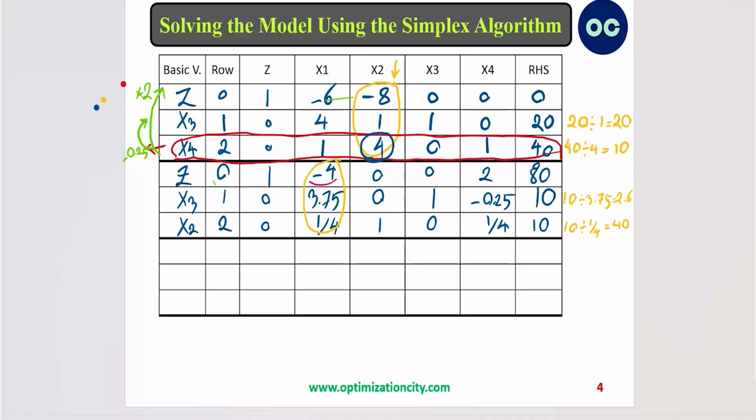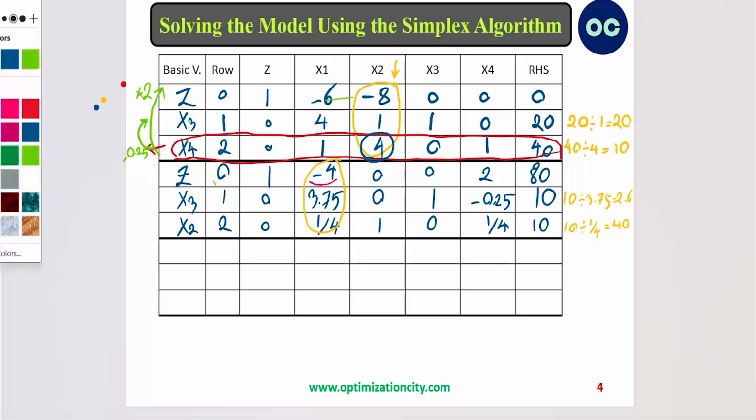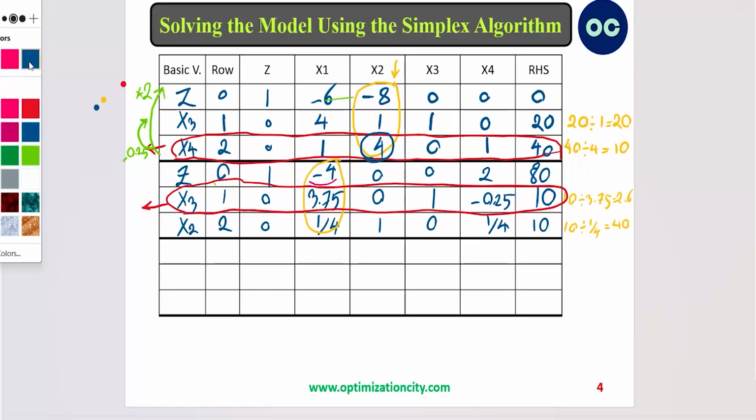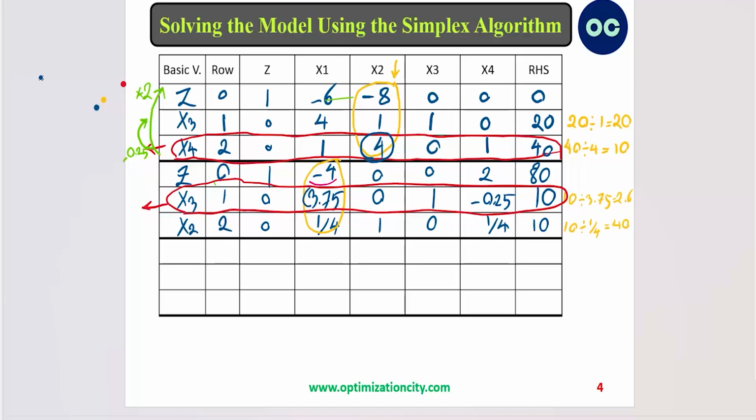As a result, the smallest value is 2.6 in row 1. So x3 exits and x1 enters. So what is the pivot number? It would be here.